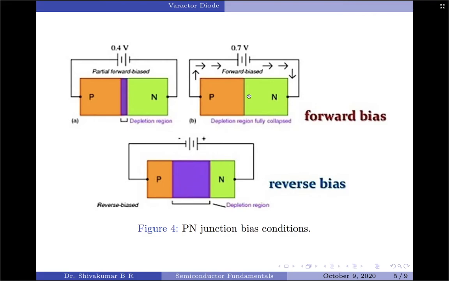If a reverse bias voltage is applied, that is, positive voltage to the N-type layer and negative voltage to the P-type layer, the width of the depletion layer increases, and this is shown in the last diagram, which is figure C here. Simply put, the width of the depletion region can be changed to a required value just by adjusting the voltage across the P and N-type semiconductor layers.